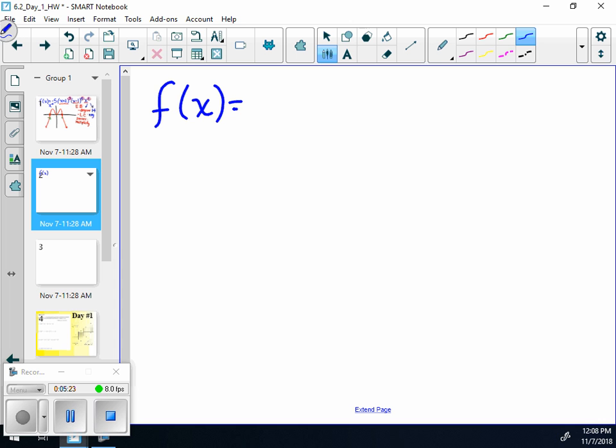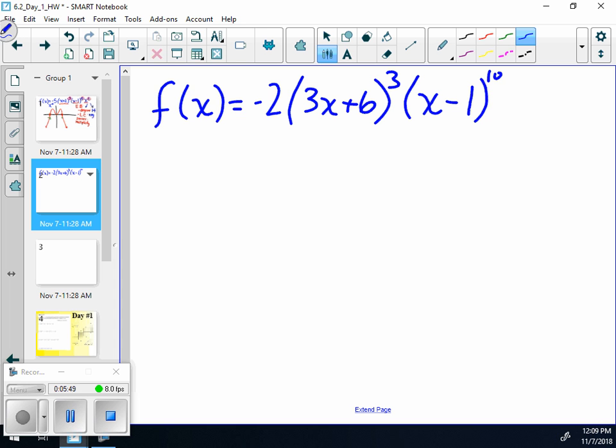Okay. So if I say a function that starts with -2, then we have a (3x plus 6) cubed. Then we're going to have, let's see, how about an (x minus 1) to the 10th power.